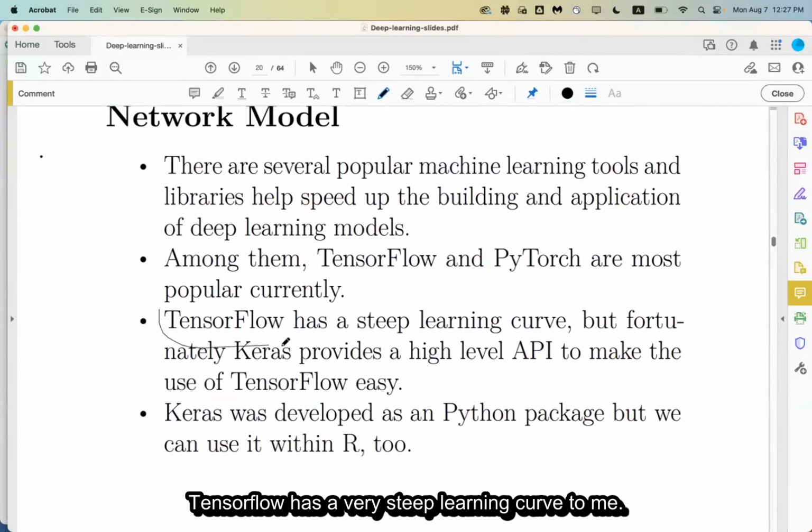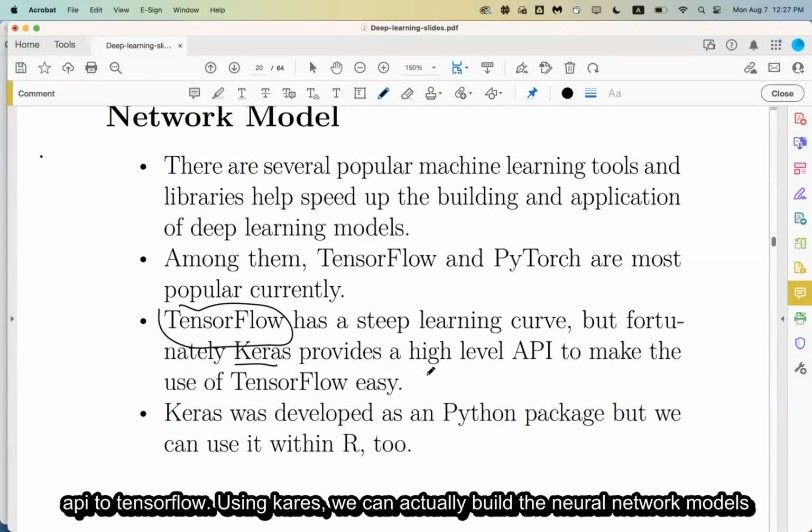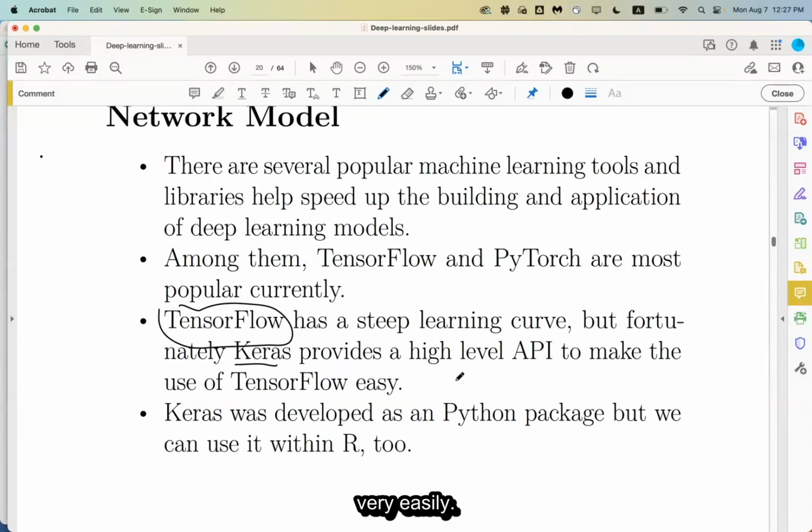TensorFlow has a very steep learning curve to me, but fortunately, a package called keras provides a high-level API to TensorFlow. Using keras, we can build the neural network models very easily.